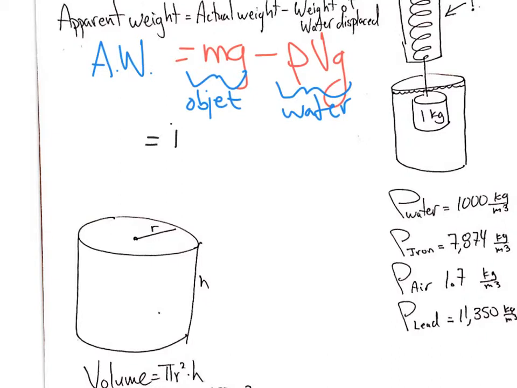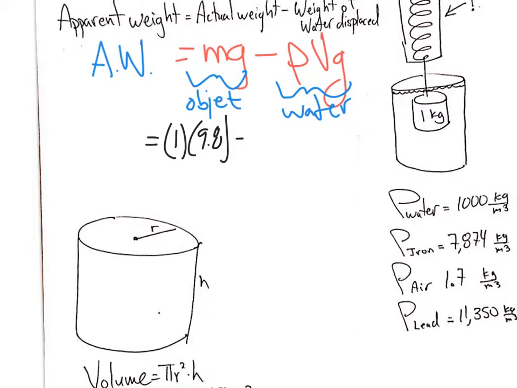So we have 1 times 9.8, and minus the density of water, which is 1,000. I had these numbers somewhere and I'm looking for them while I'm talking. So if I sound distracted, who knows where they went? Okay, where's the calculator? Here we go.